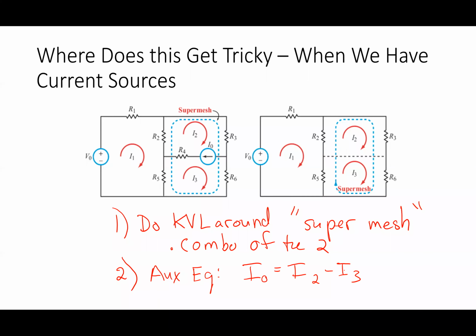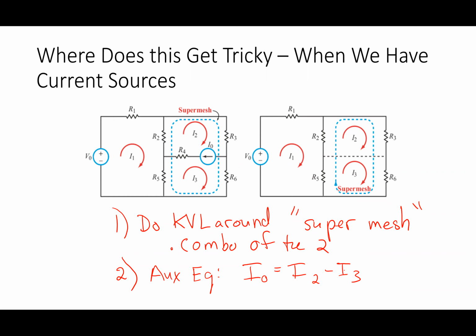All right, so we're going to use that in some examples coming up. But I wanted to just make sure we covered that. I think you guys are comfortable with mesh and nodal for the most part, all right? Where the mistakes come in, and they come in a lot, is because of the signs.